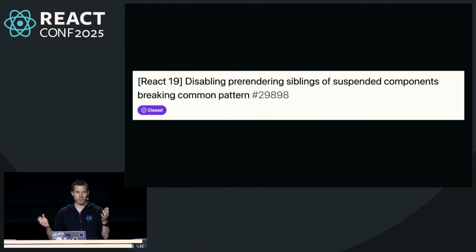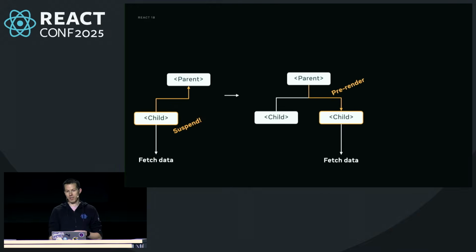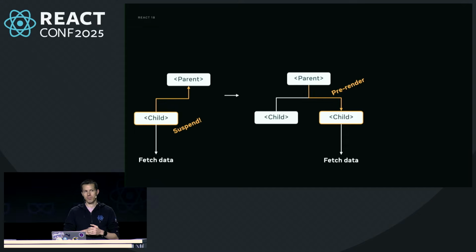During the release candidate period, we got feedback from several folks in the community about one particular change included in the RC to the way that React handles rendering when one sibling of a suspense boundary suspends. In React 18, when one sibling suspended because it was fetching data, React wouldn't immediately show the fallback.